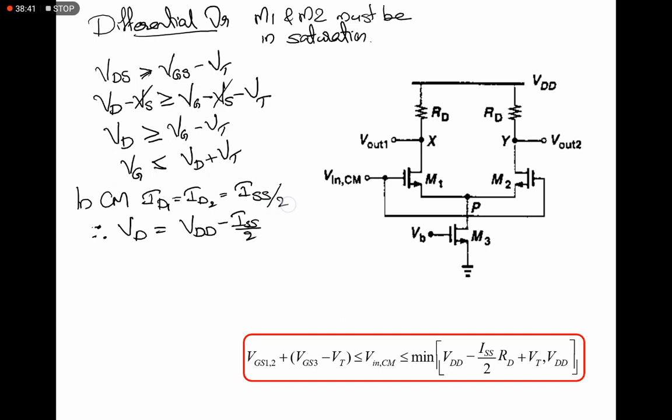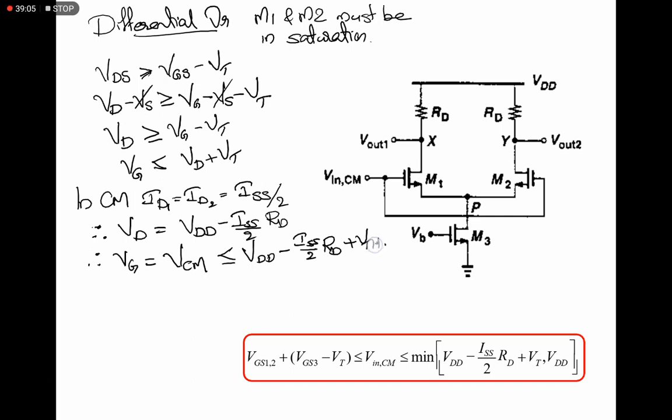Sorry, here it is ISS by 2. Both are equal, ID1 and ID2 are equal, and the sum is ISS. Therefore, the value of VG, the common mode signal VCM, must be less than or equal to VDD minus ISS by 2 into RD plus VTH.